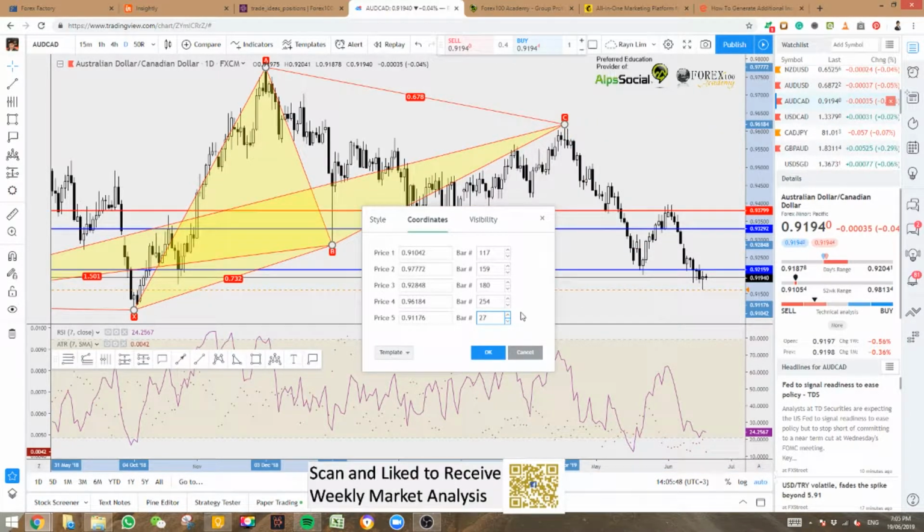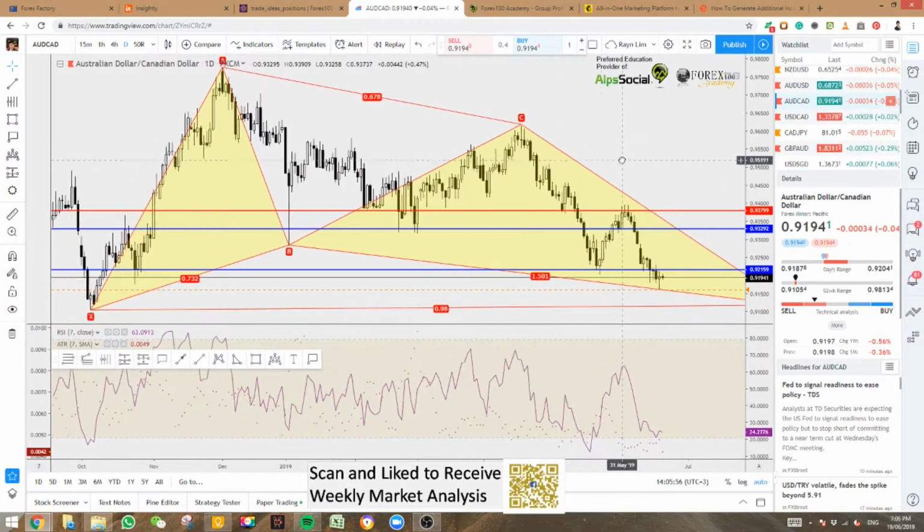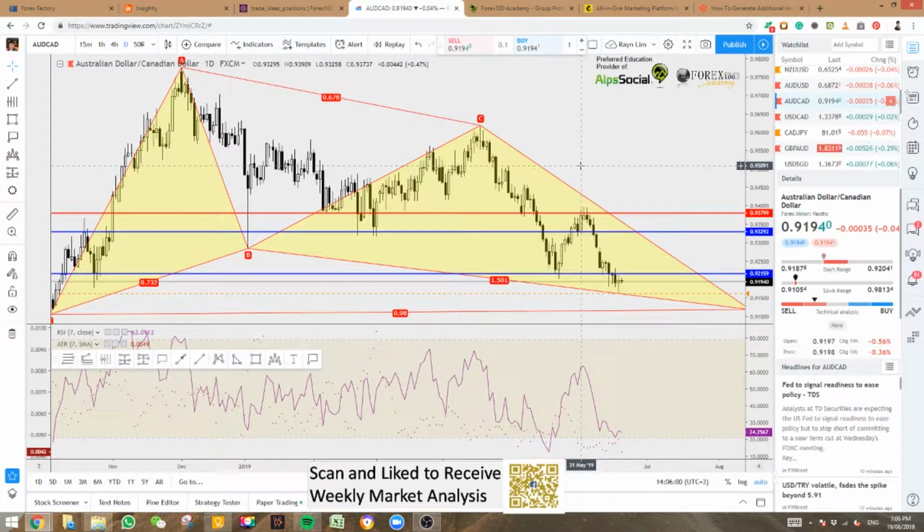Quite interesting, yeah. All right, so this is the pattern movement I'm waiting for, a buying opportunity. Waited for very long, since 17th of April. One month plus. All right, patience is the key.